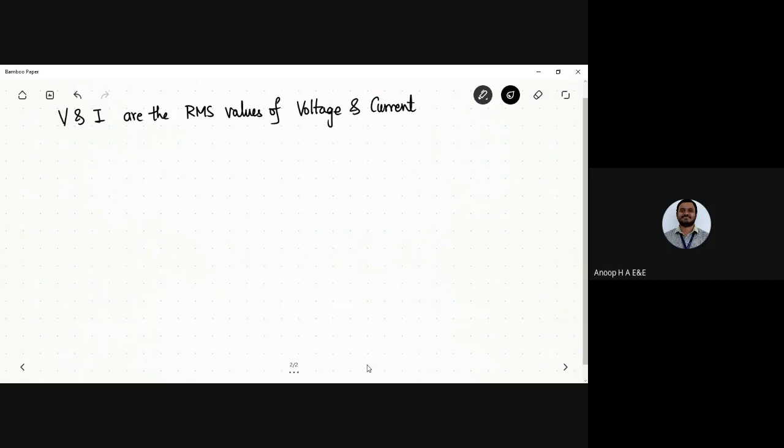Now, if I want to write the vector diagram, I'll take current as the reference axis, and VR is the voltage across the resistor. Next, this is VR. Now, current and voltage.